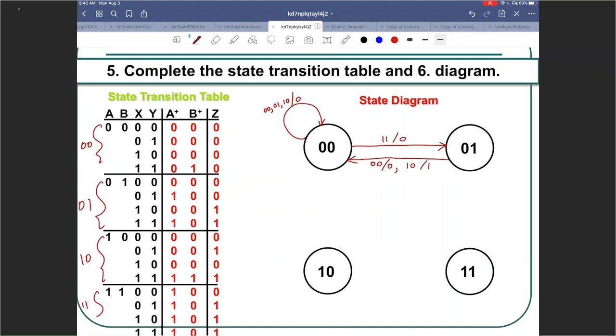For 0, 1, if you get a 0, 1, you go to 1, 0. And the output is 0 there. And then if you get a 1, 1, you go to 1, 0.